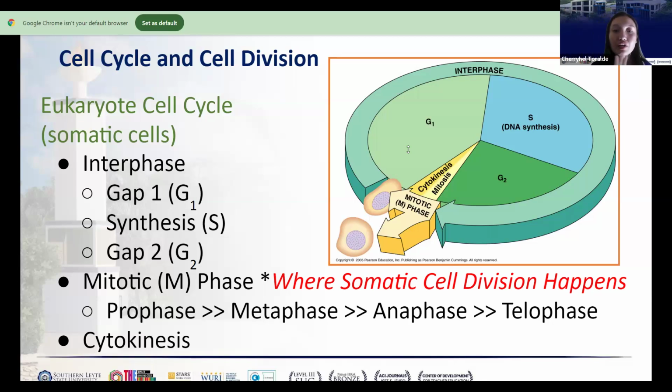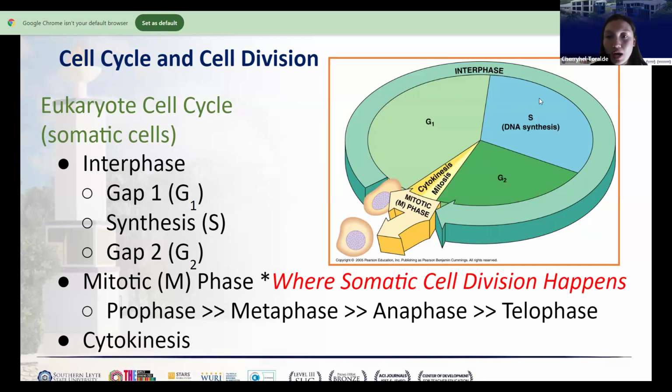And then in gap2 is further growing and also further production of duplicate copies of your organelles, para it becomes ready for the equal distribution of the organelles when it produces two identical daughter cells in mitosis. Yan.